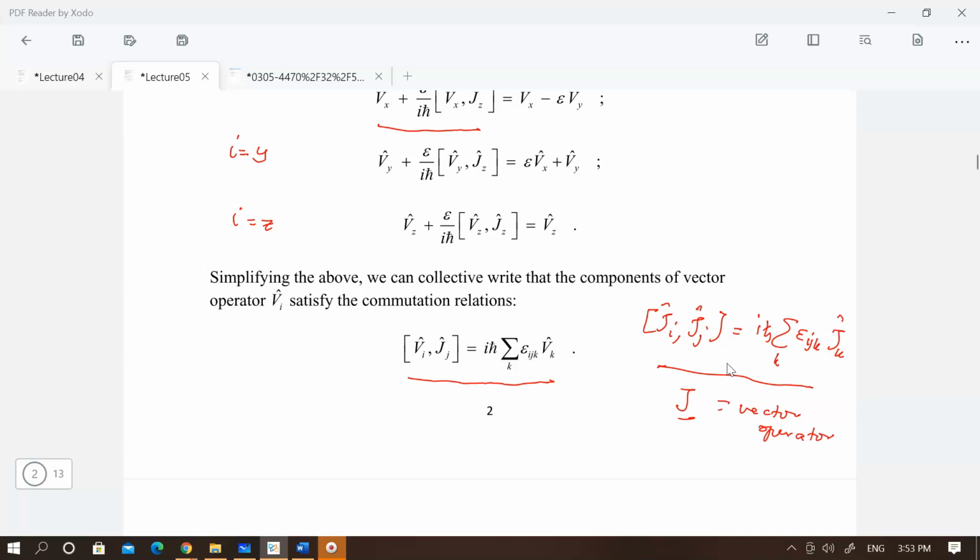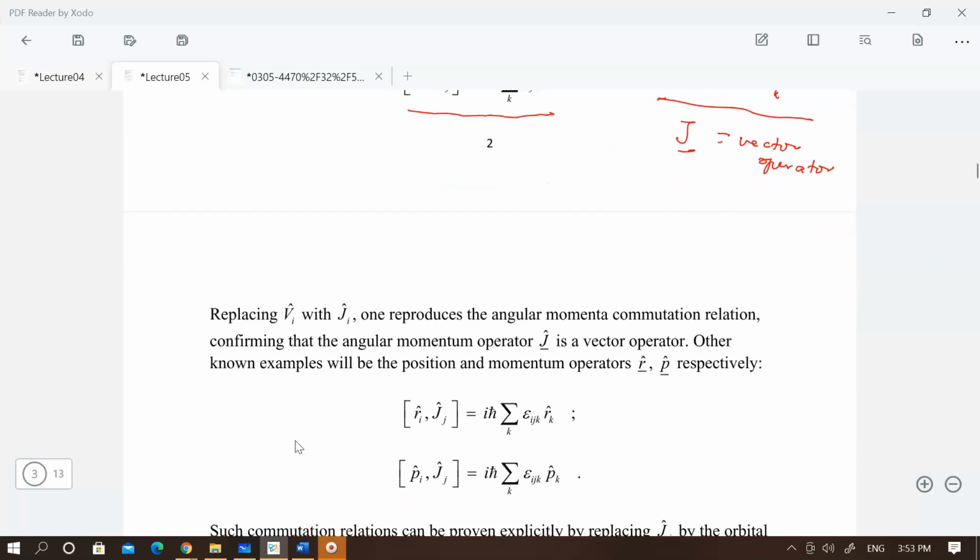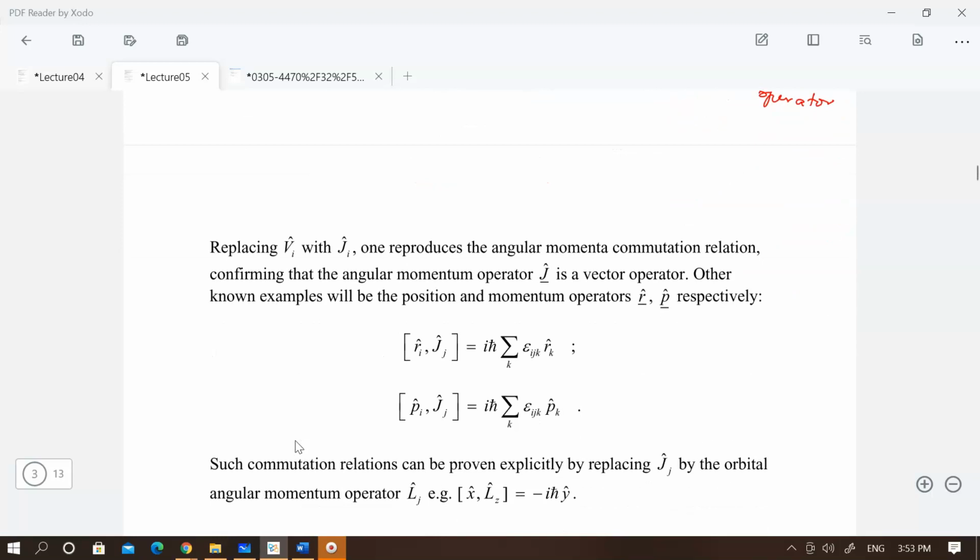And if you have done well enough in the first course, you should also be getting this. This is saying that your position operator is also a vector operator. And also your momentum operator in 3D is also a vector operator.